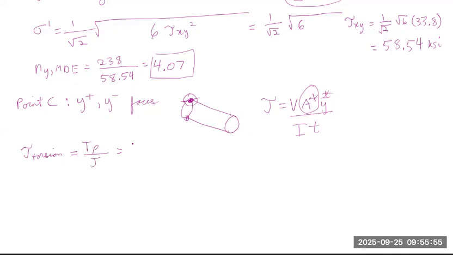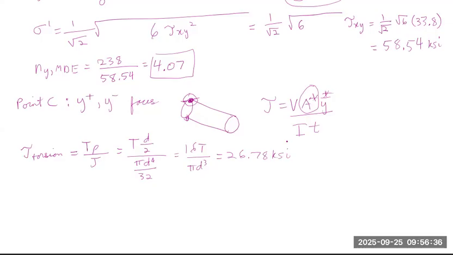This is equal to torque times d over 2 over pi d to the power of 4 over 32, and this simplifies to 16T over pi times d cubed. And this is equal to 26.78 KSI.